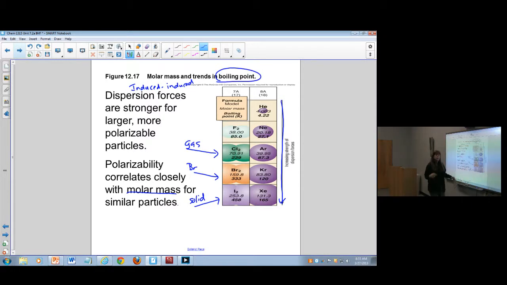The more intermolecular force equals a higher boiling point. That should make sense. If the molecules are sticking together in whatever phase they are with really strong forces between them, then they don't want to break up into a gas very easily. So they have a higher boiling point.